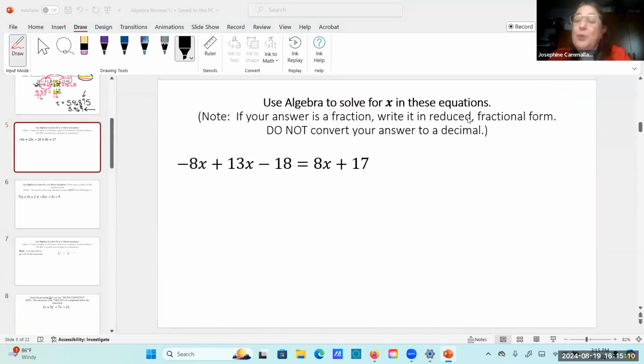So in the chat room, what is the value of x for this problem? Can you solve it? Can you get my answer? What am I going to get?